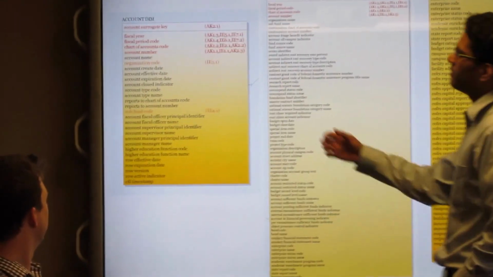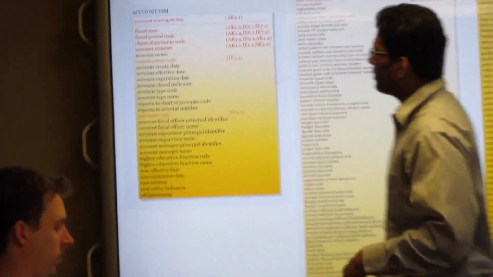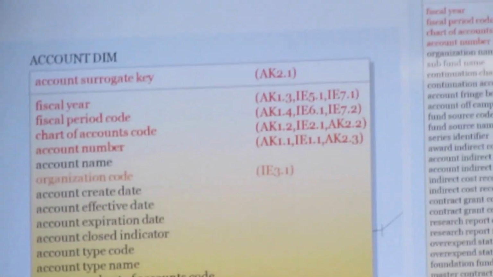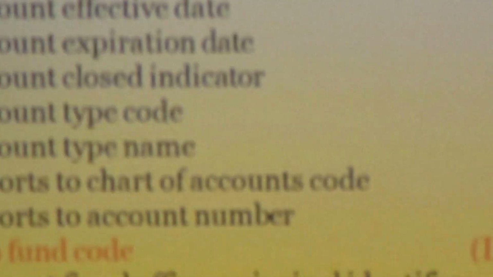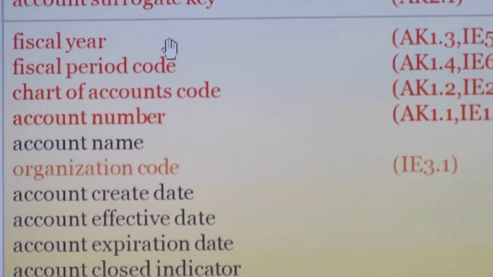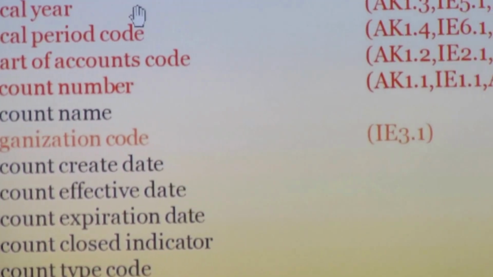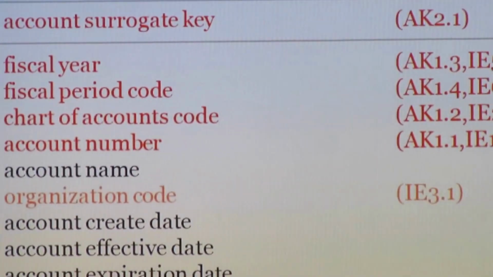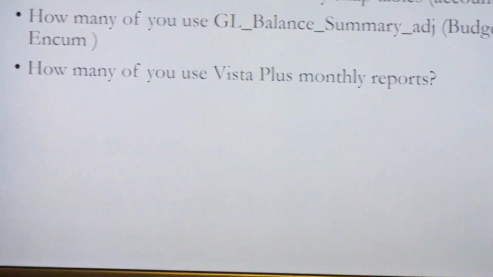If you pick the account table, you will notice that the combination of fiscal year, fiscal period, and the other fields, the combination of these 4 fields forms a unique record in this table. So instead of joining on these 4 tables, we put some pieces in place to make that a little easier.